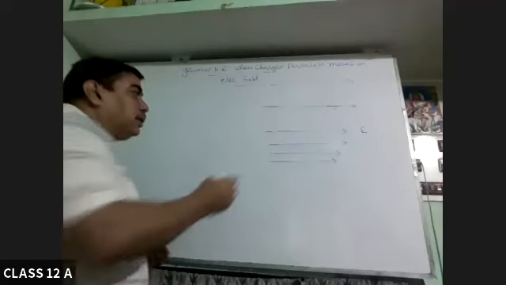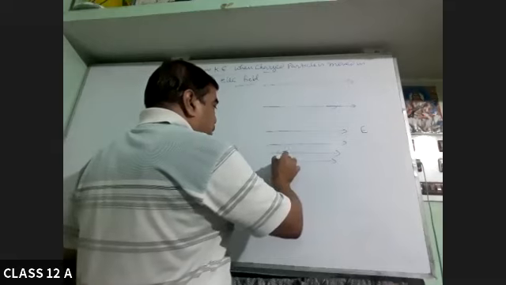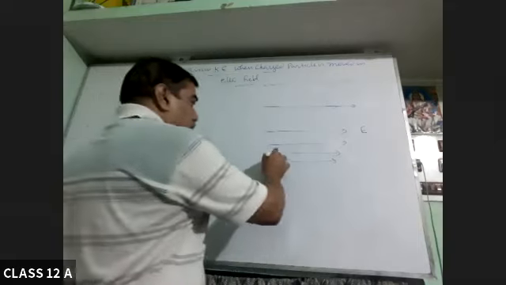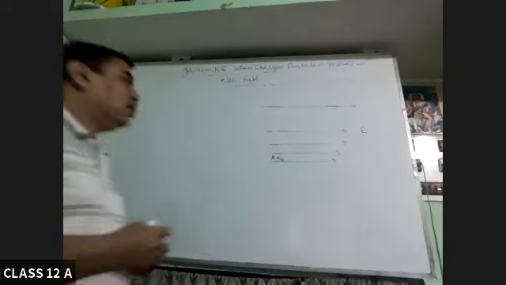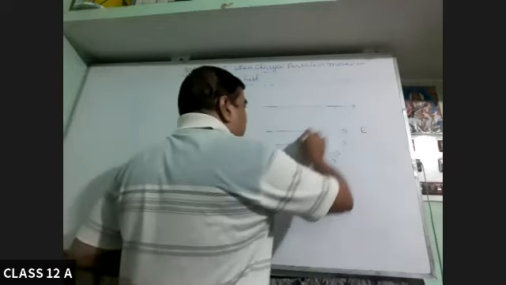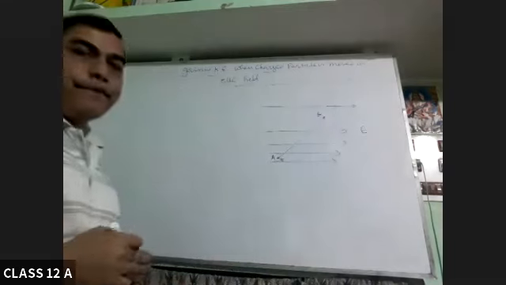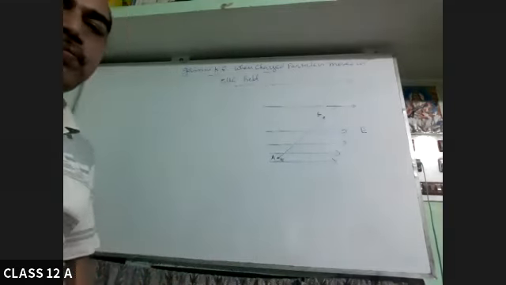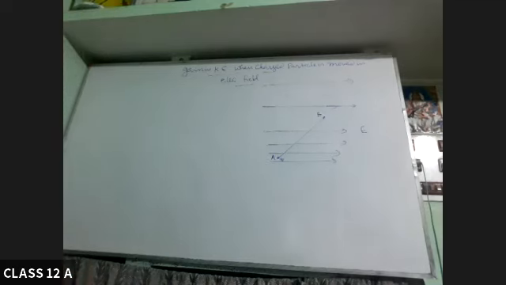Now in this case, suppose a particle with charge Q is starting from this place, point A. It is moved from A to B. Then how will you find the work done?